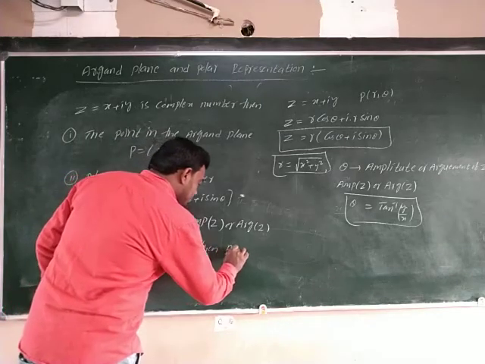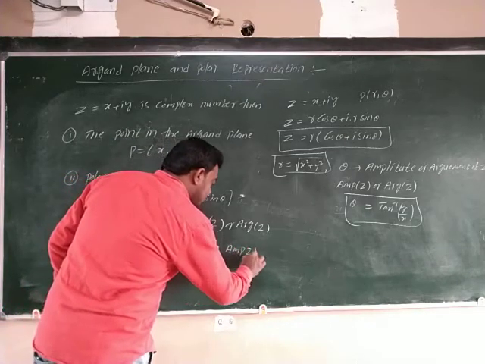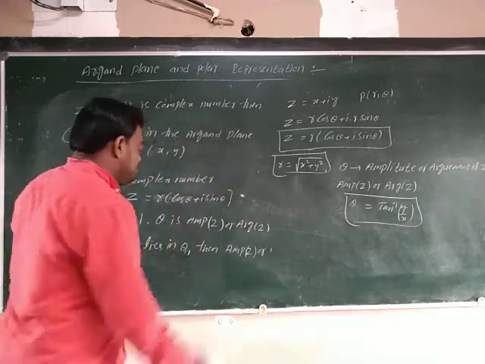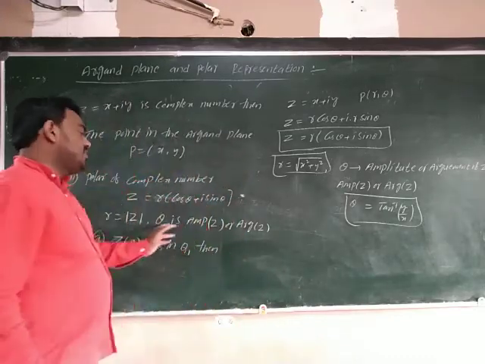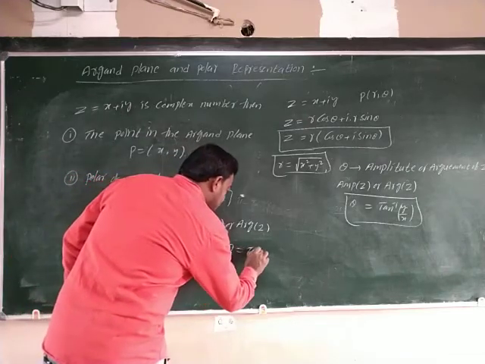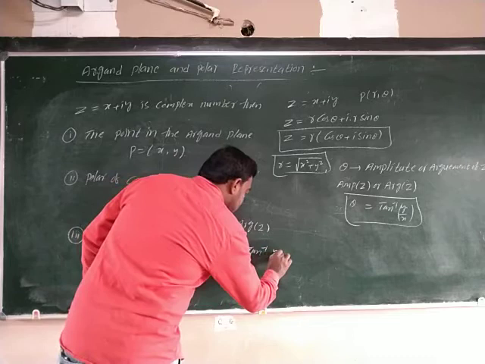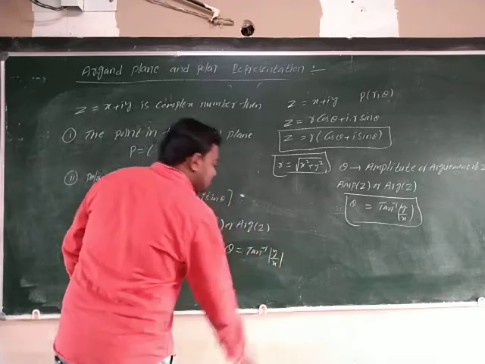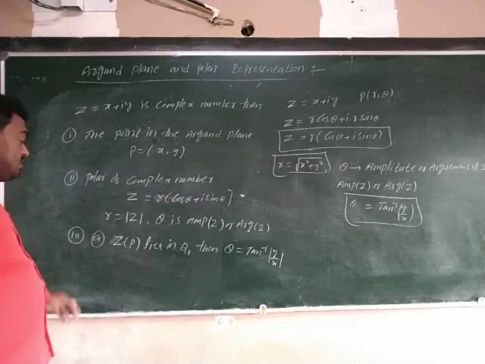Then the amplitude or argument of z, directly I am writing theta, is theta = tan inverse of the modulus of y by x.